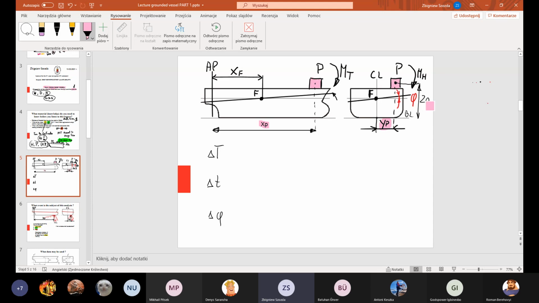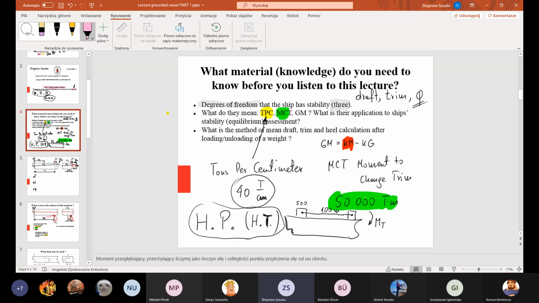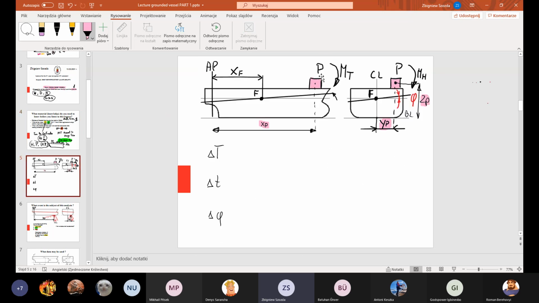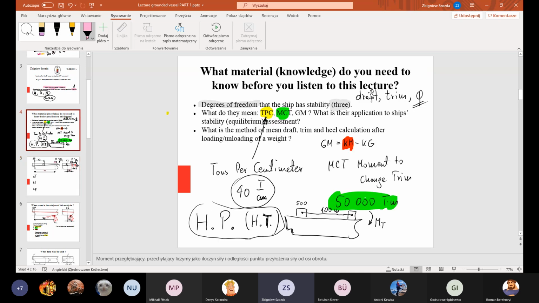ZP is also known, and the ship will move in 3 directions, as we said. After new weight P has been loaded, the ship will change draft, change trim, and change the angle of heel. 3 degrees of freedom in our subject.